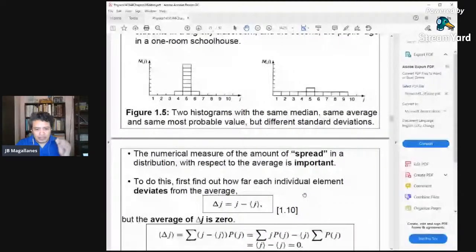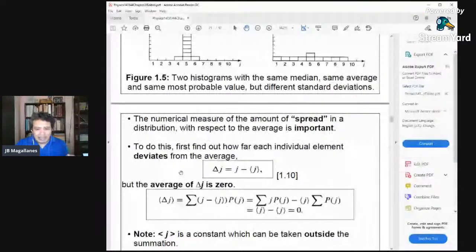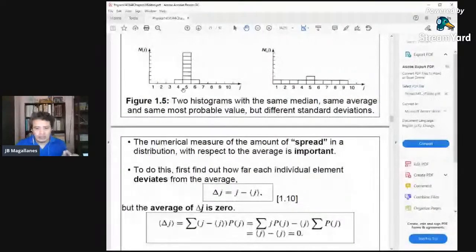So to do this, you have to first look at how the individual elements deviate from the average. You know the average here. For example, here is 5. Also, here is 5. But how about the other elements? You can get the delta J, where delta J is the element minus the average of all the elements.